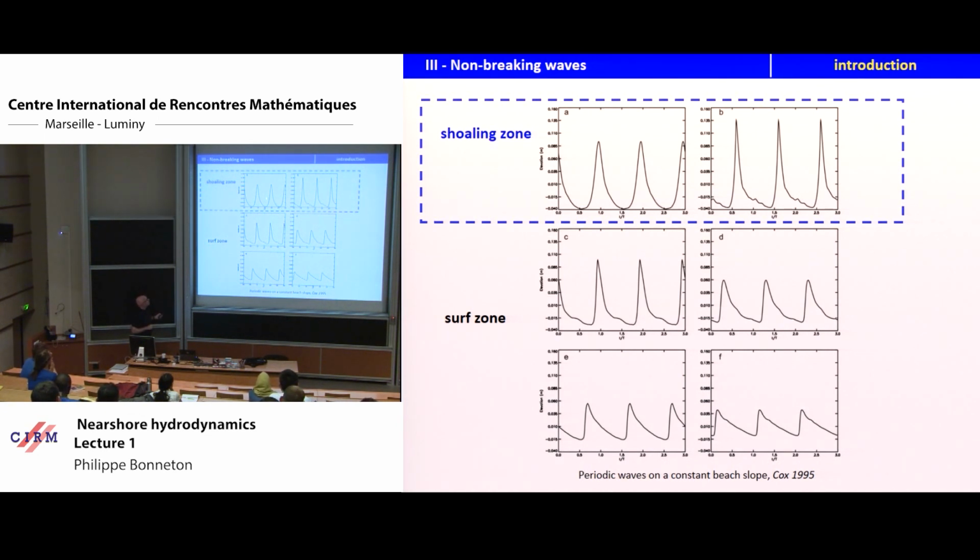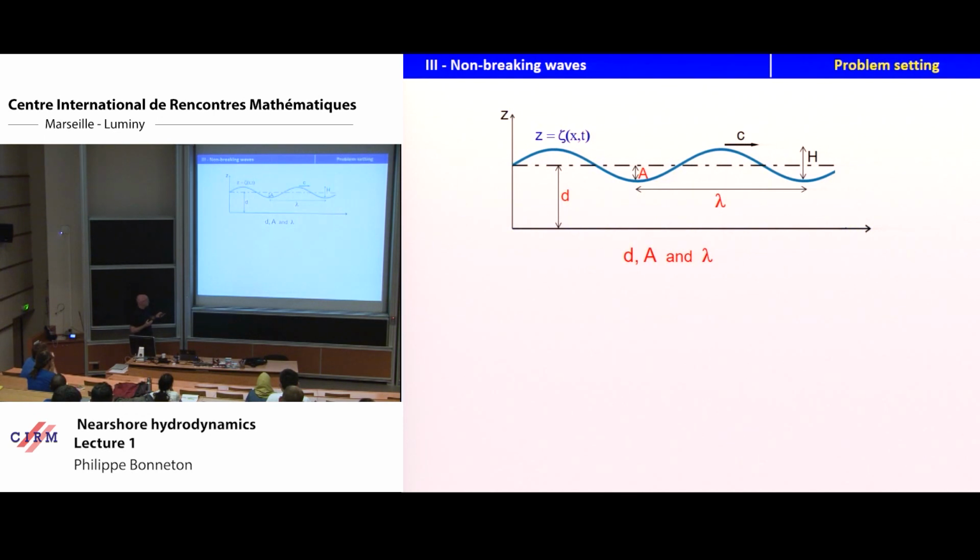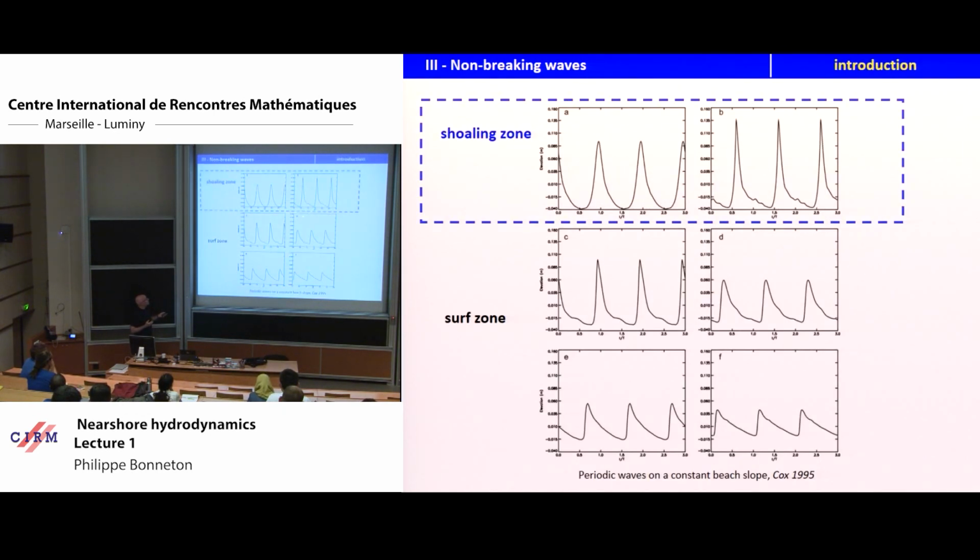What you can observe is that in this zone, the waves are really nonlinear, and there is a strong horizontal asymmetry. Just before wave breaking, while the waves are not yet breaking here, you can see that the wave is really peaky and skewed, with a strong horizontal and vertical asymmetry.